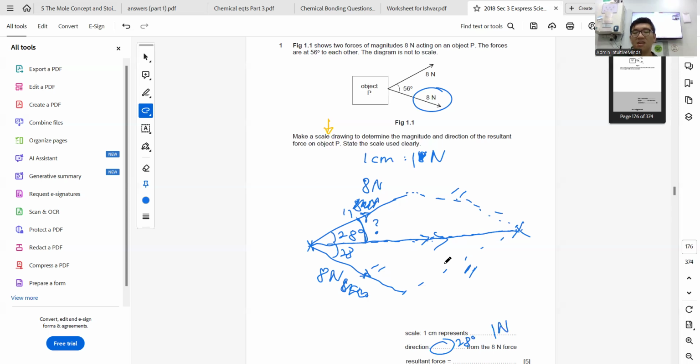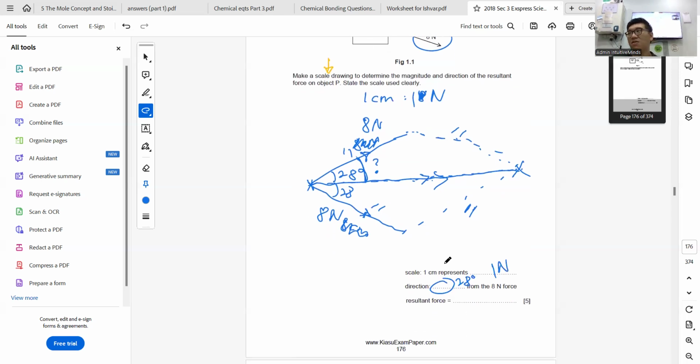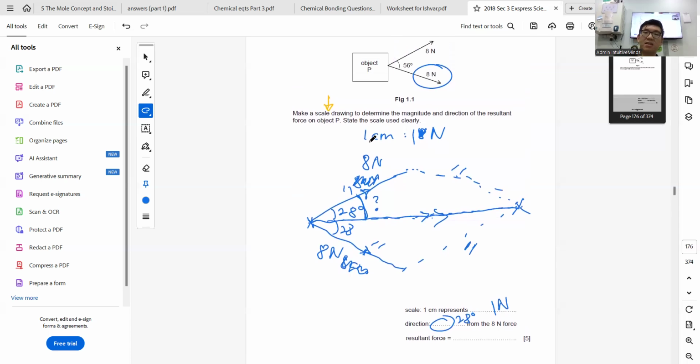This should be 1 Newton. Then the resultant force, measure it with your ruler and convert it back to the scale. Then that's it, you're done for this question. The resultant force is in Newton, not cm. Newton, or Newtons. This guy said 14.2 cm.